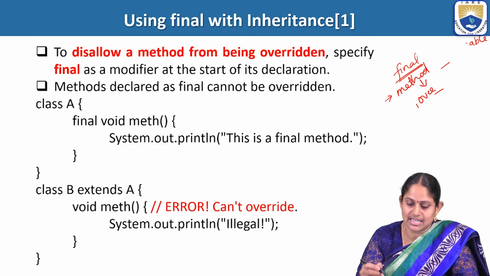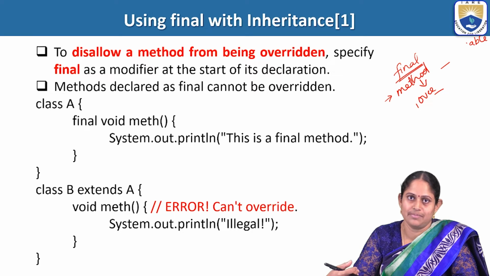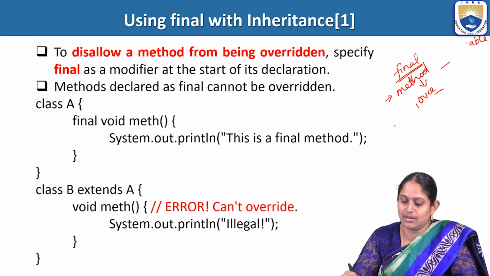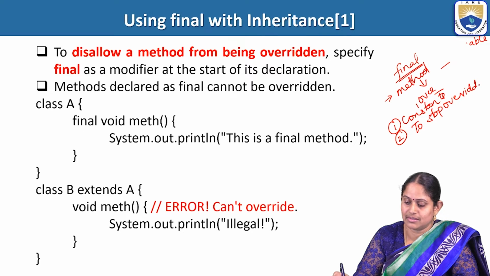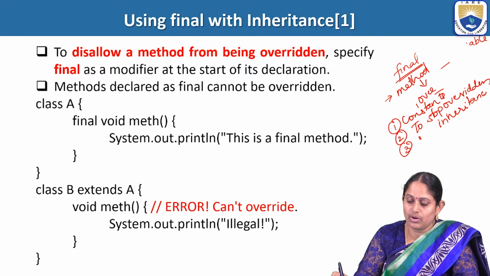And the third use is that if we use the final keyword over a class, then you cannot inherit that class. So these are the three main uses of final: to create constants, to stop overriding methods, and to stop inheritance.